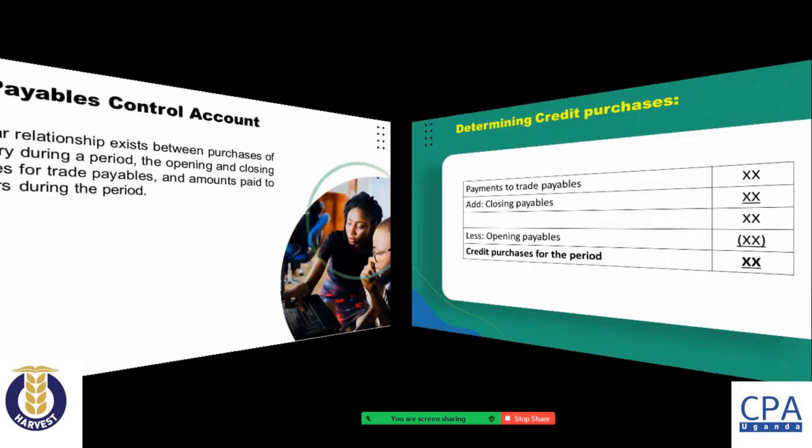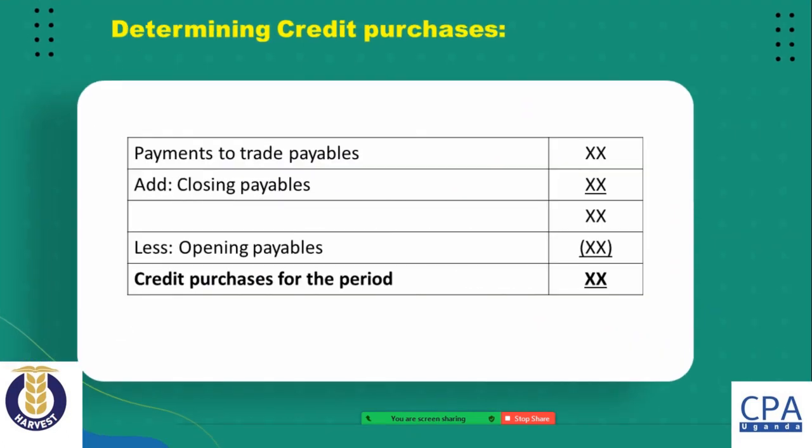If the credit purchases are not known, then you need to reconcile between the opening and closing balances of the payables: add to that the closing payables, deduct the opening payables. The figure you get will surely give you the credit purchases for the period.